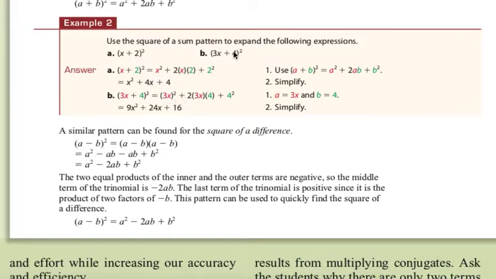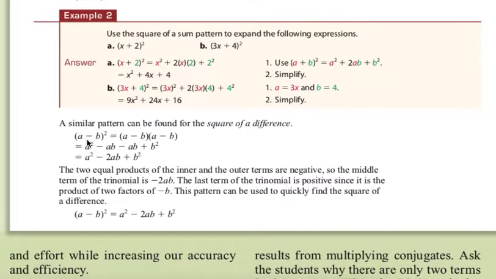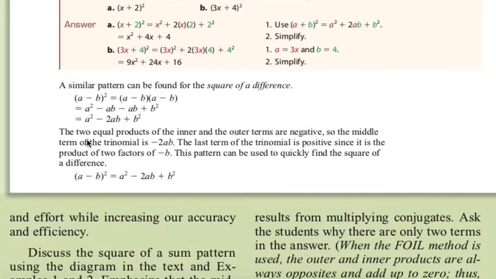Plus, okay, we got to multiply these two terms together. 4 times 3x, that is 12x. Okay, and then we need to do either 12x times 2 or 12x plus 12x. Either way, you get 24x. And then that last term, which is 4, square it. 16. Boom. Easy peasy.